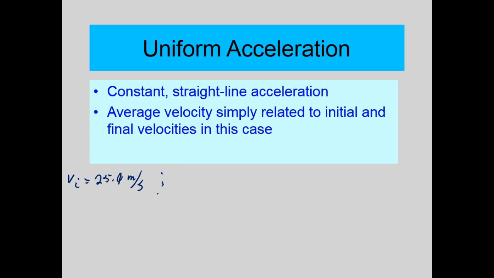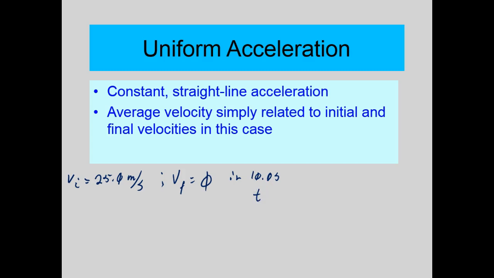How do you describe coming to a stop? V final would be what? 0, because you came to a stop. And it said it took you 10.0 seconds. So what would that be? Your time interval. You could call it delta t or just t.